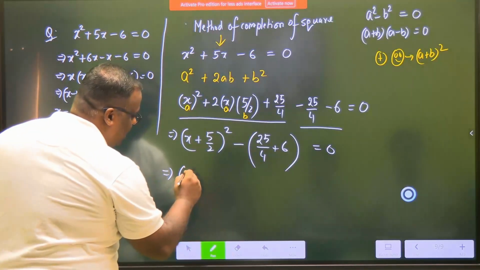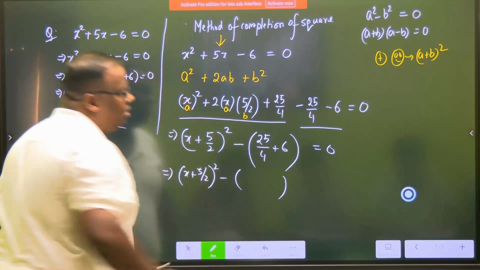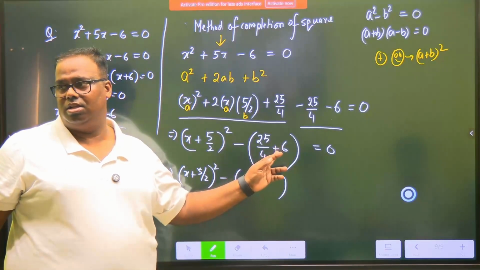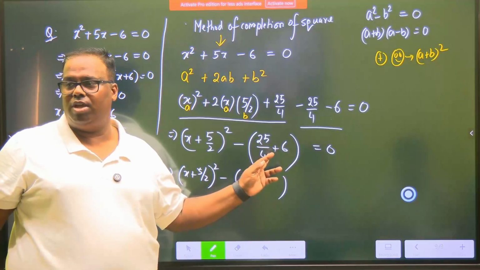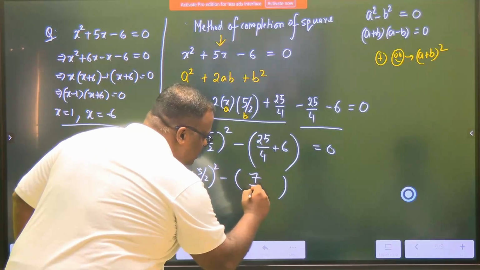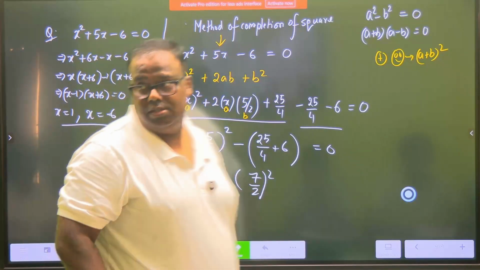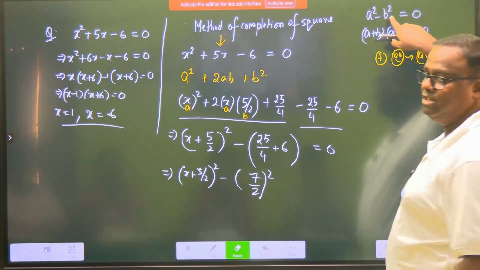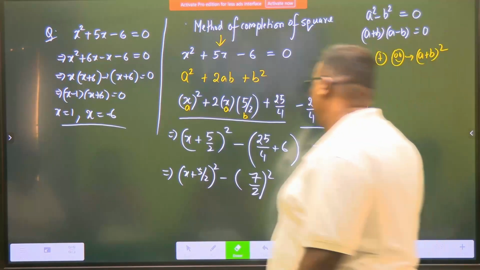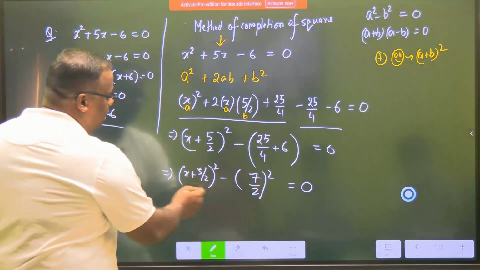This is x plus 5 by 2 whole square minus, let's take 4 as the LCM, then 4 sixes are 24. 24 plus 25, 49. 49 by 4, can I write it as 7 by 2 whole square? Have I come in this format? I've come in this format, right? This is equal to 0.